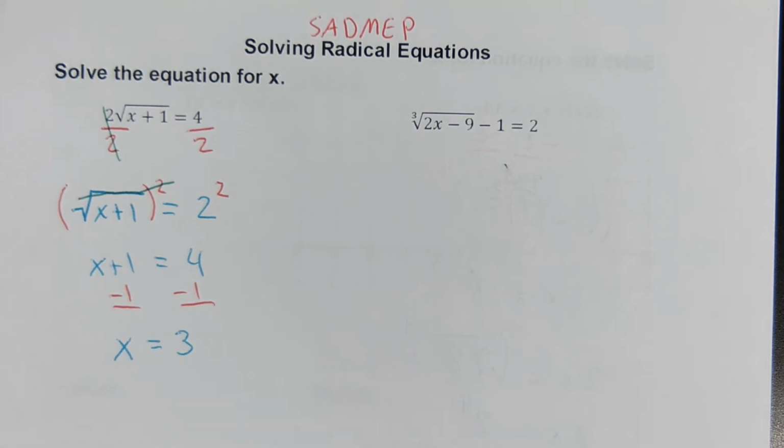Well, the reason why is because when you're dealing with even root things, you can run into imaginary numbers if you're not careful, aka extraneous solutions. Remember, with even root things, you need to always check your answers to make sure they actually work.